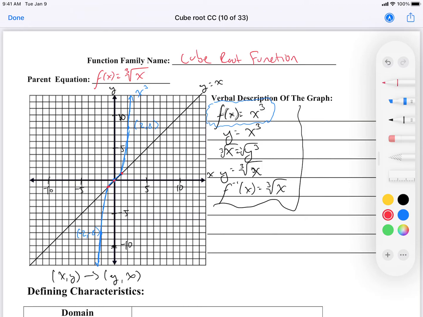So, to graph this, I'm now going to take this 2, 8, and I'm going to go 8, 2. I'm going to do the same thing with the -2, -8. Now I'm going to go -8, -2. And you'll see what this graph starts to look like. It's the same thing, just rotated on its side.